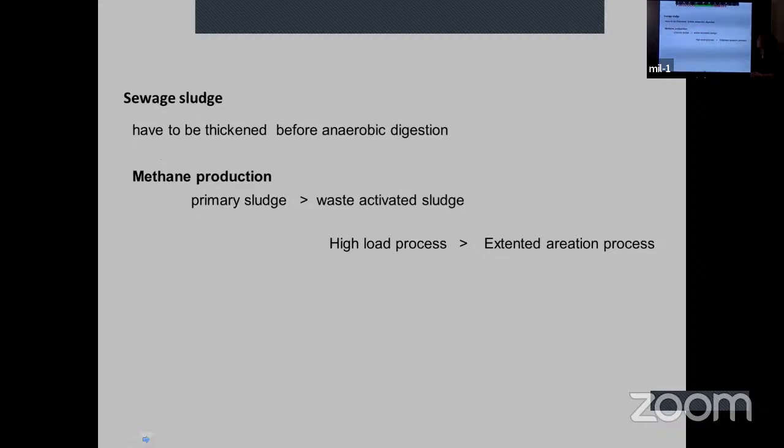Sewage sludge has to be thickened before anaerobic digestion. I will show you later, we need to heat the digester. So if there is too much water, you need to heat the water, which is a waste of energy. And among the different sewage sludges, the primary sludge has a higher methane potential than the waste activated sludge. And among them, the high rate processes will be more interesting than the extended aeration process.